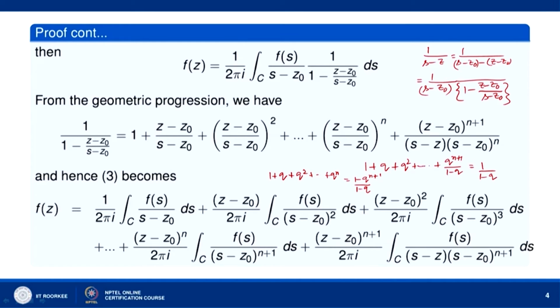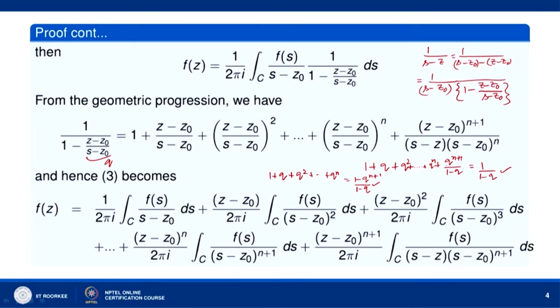So 1 over 1 minus q is equal to 1 plus q plus q square up to q to the power n, and then q to the power n plus 1 over 1 minus q. Here q to the power n plus 1 means (z minus z naught) over (s minus z naught) to the power n plus 1, and then 1 minus q.